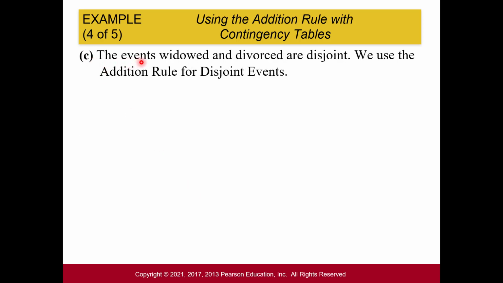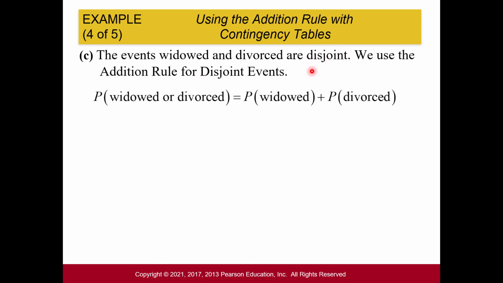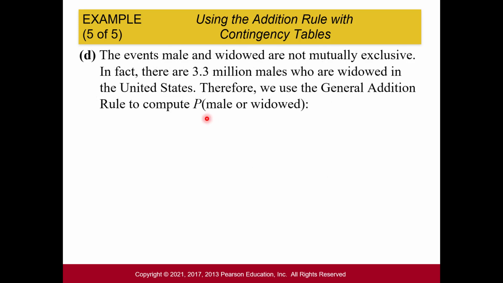Part C, the events widowed and divorced are disjoint, so we use the addition rule for disjoint events. We just add up the individual probabilities of widowed and divorced, and we have a total of about 16.7%. Then for part D, the events male and widowed are not disjoint, or not mutually exclusive.